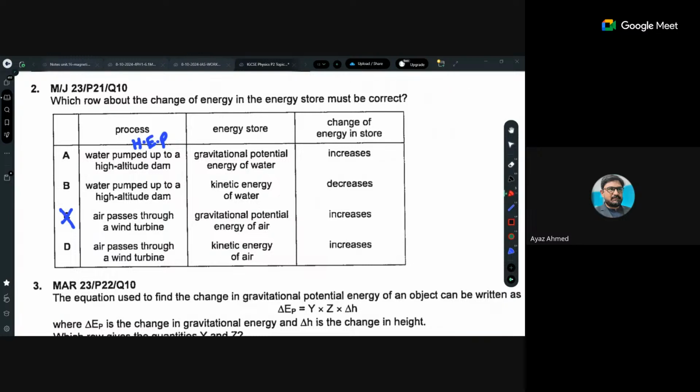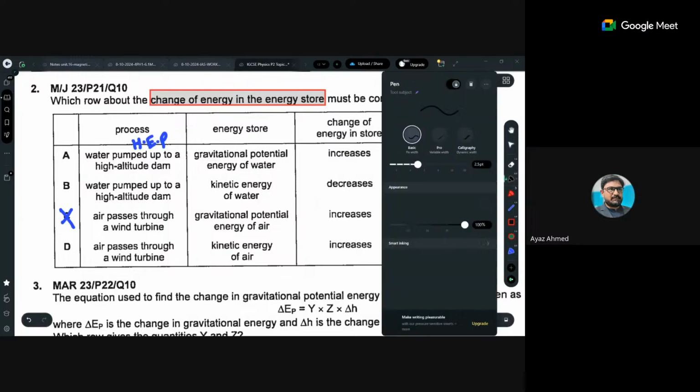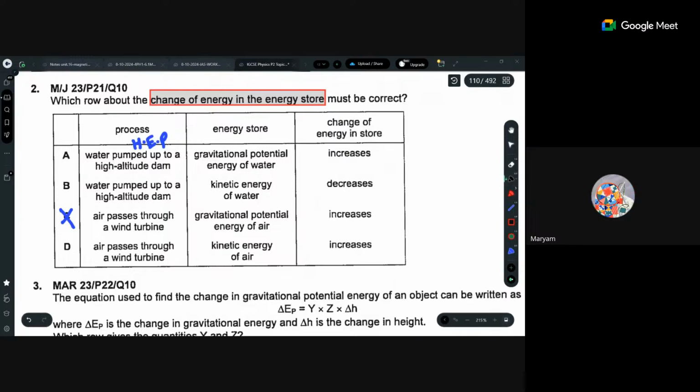So what we will do then, the clues are there in your question: the change of energy in the energy store is to be considered. So when you are going to use an energy, does it decrease or increase? Decreases, right?